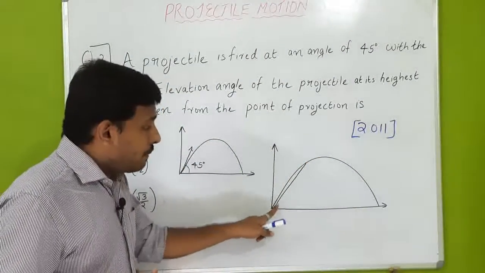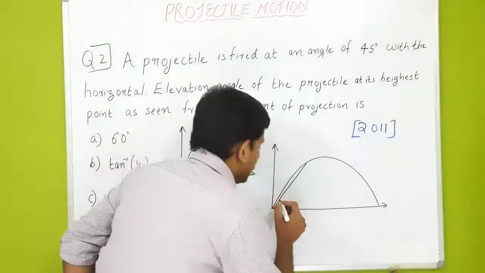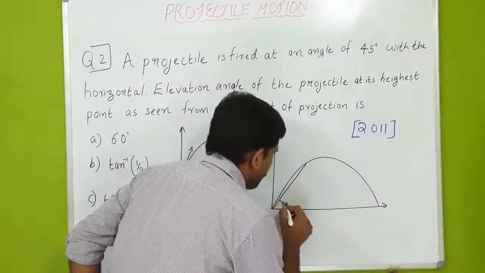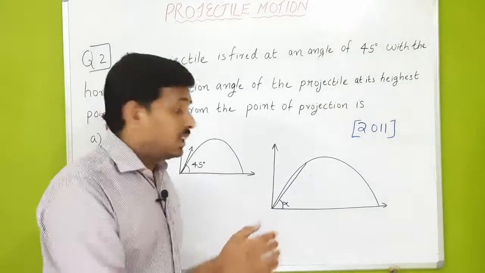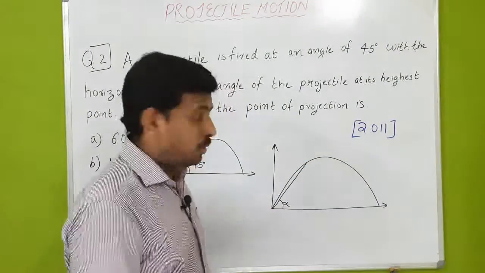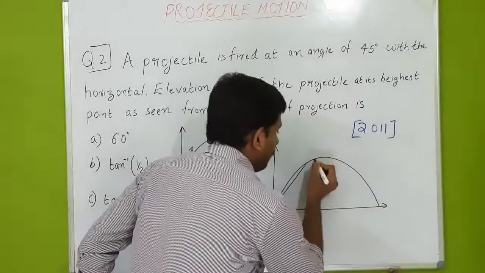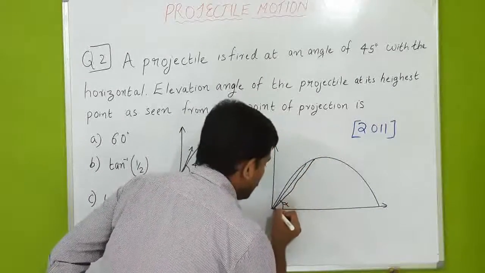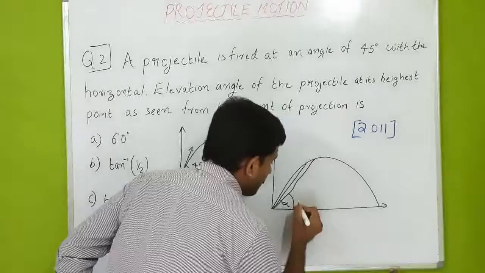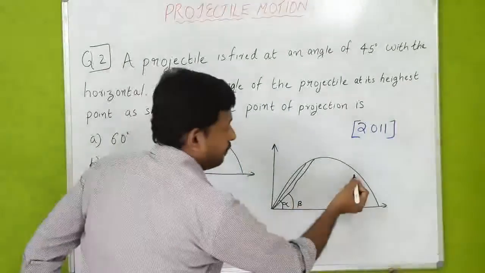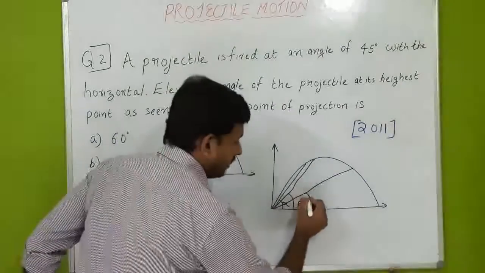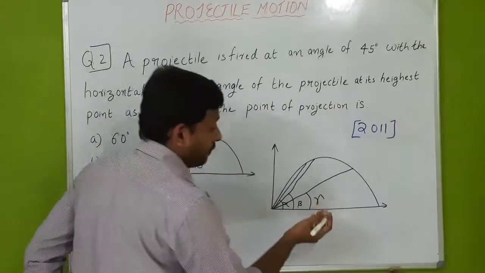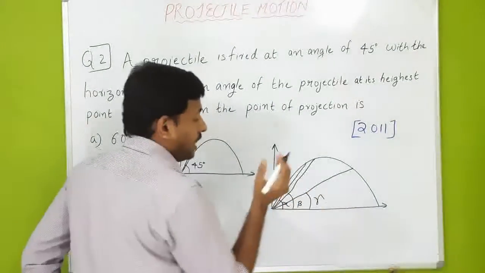The angle made by this line and the horizontal is the elevation angle. So we can make different elevation angles for each point on the projectile. For this point, this angle will be beta. For this point, we can draw a line to the point of projection and we get another angle of elevation, angle gamma.